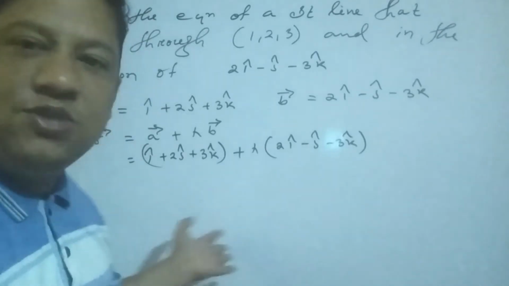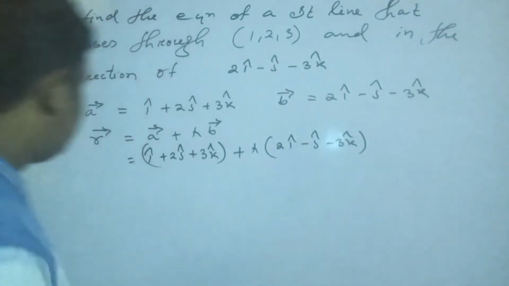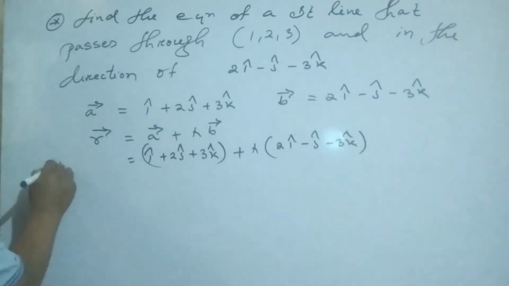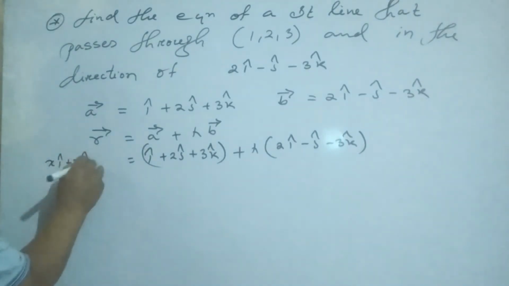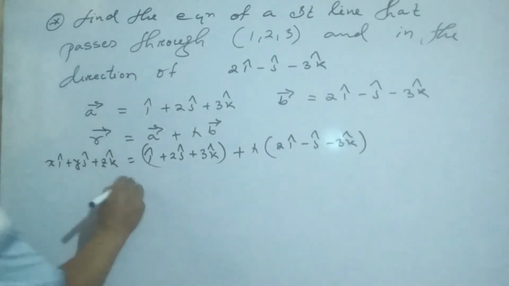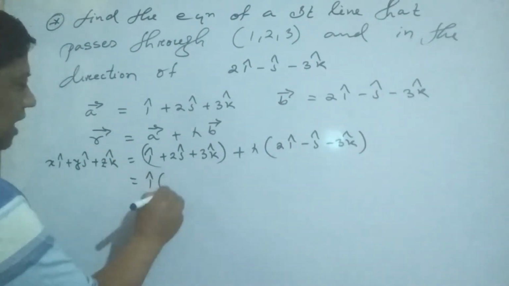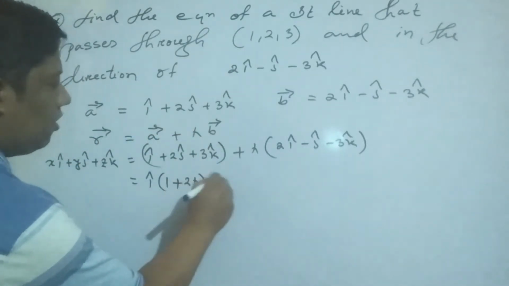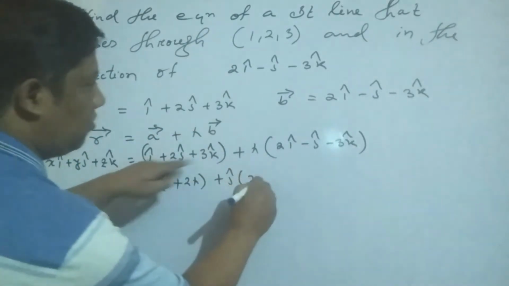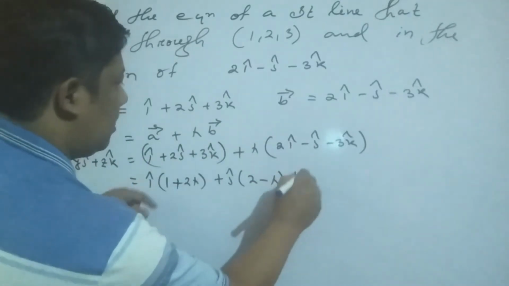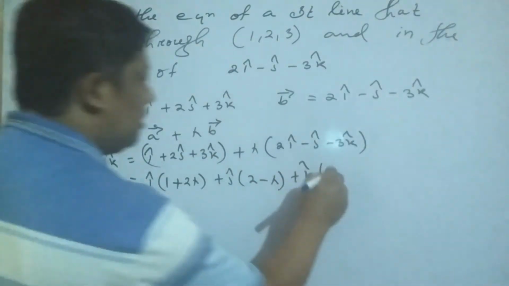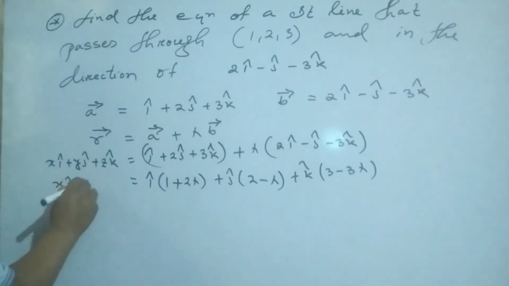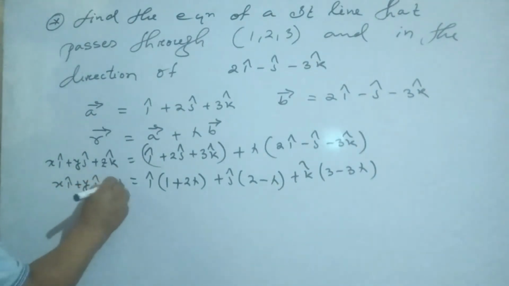If you want to convert this into Cartesian, you could do it like this. Write xi, yj and zk, and take the common i with coefficient 1 plus 2 lambda, j with 2 minus lambda, and k with coefficient 3 minus 3 lambda. So xi plus yj plus zk.